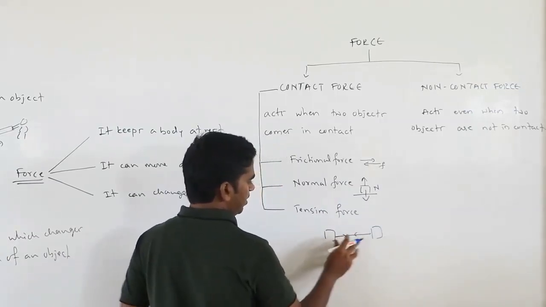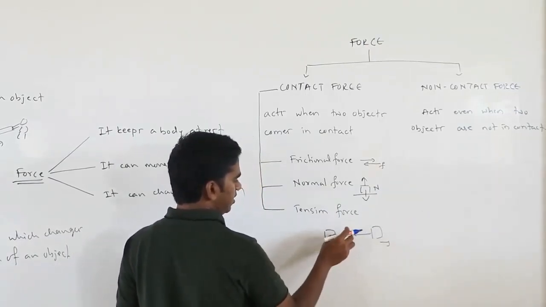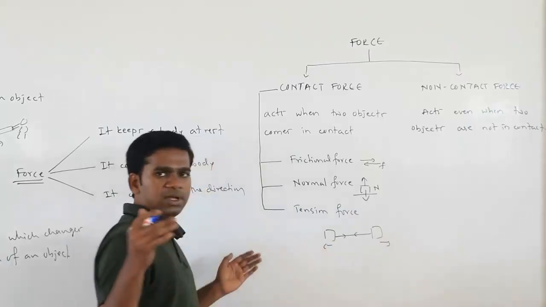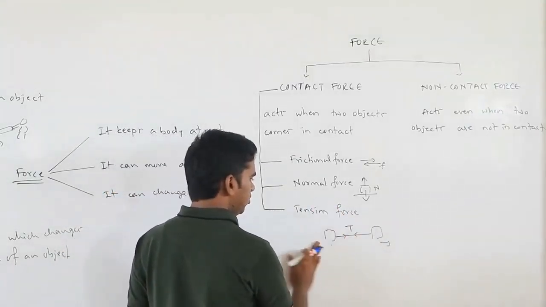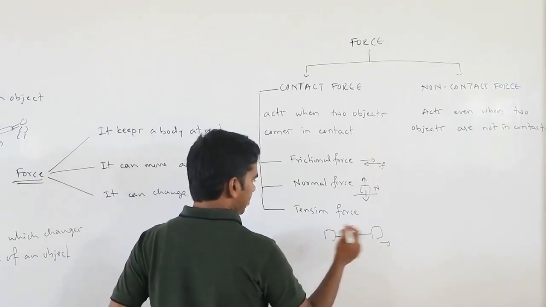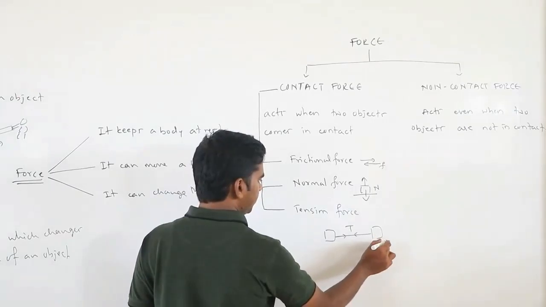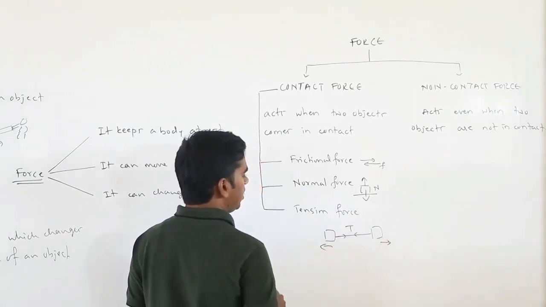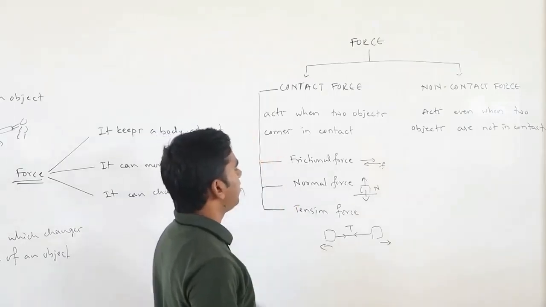So when these two bodies are pulled away, there is a force acting between them. It will try to bring them back. Okay, so that is what we call tension force. You will study more about that in coming lectures. Okay, so these are a few types of contact force.